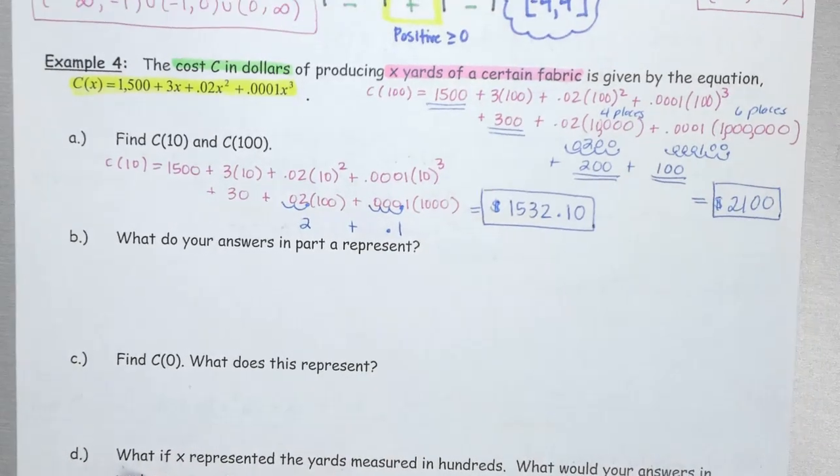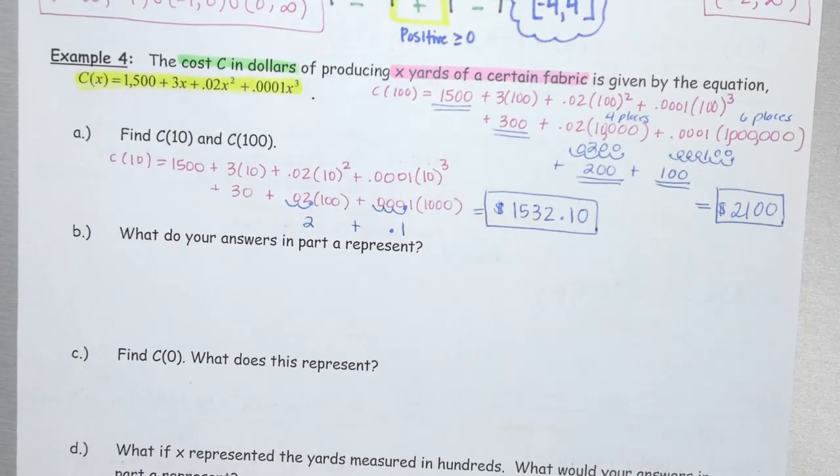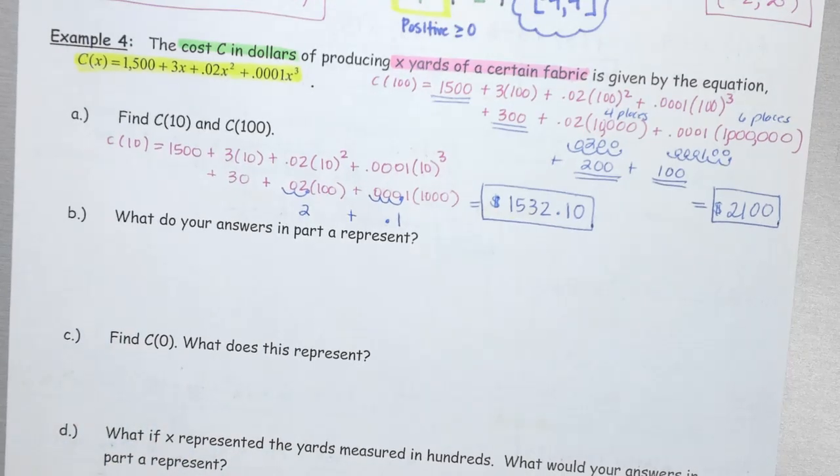Okay, so again, that's when we can do without a calculator. When you're working on your homework, if you have some more complex decimals, feel free to use your calculator on that. Okay, now, one of the main things we want to do is try to interpret what's happening in context of the situation. So it's asking you, what do your answers in part A represent?